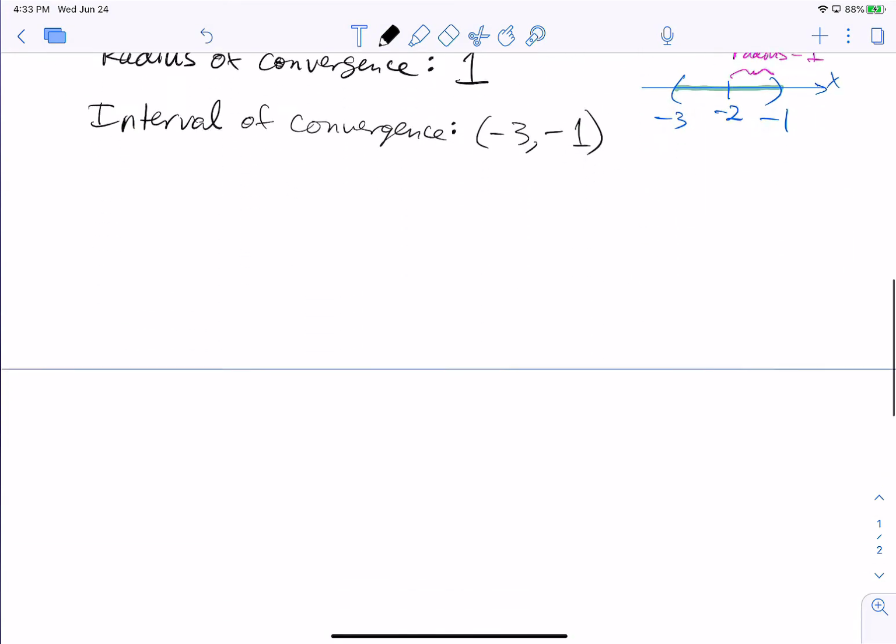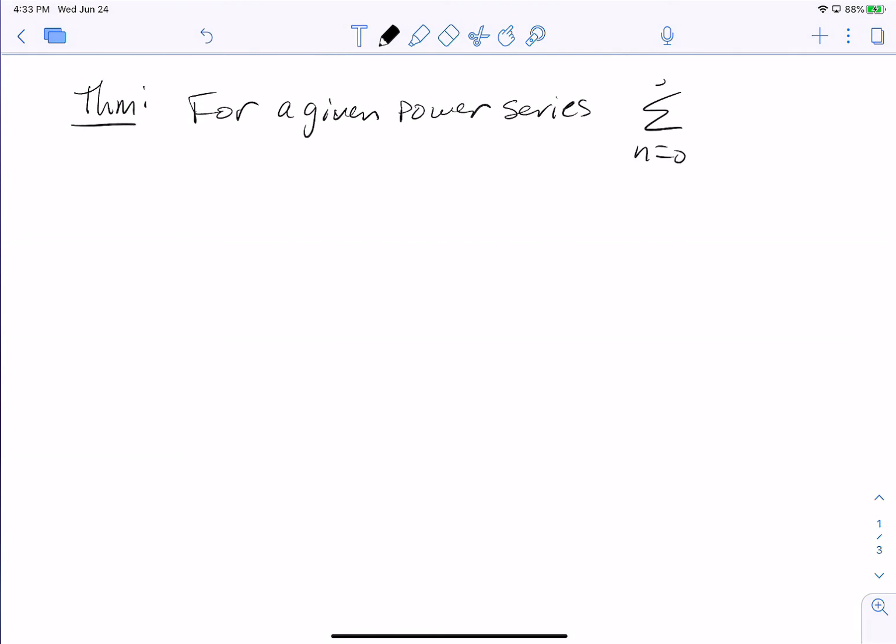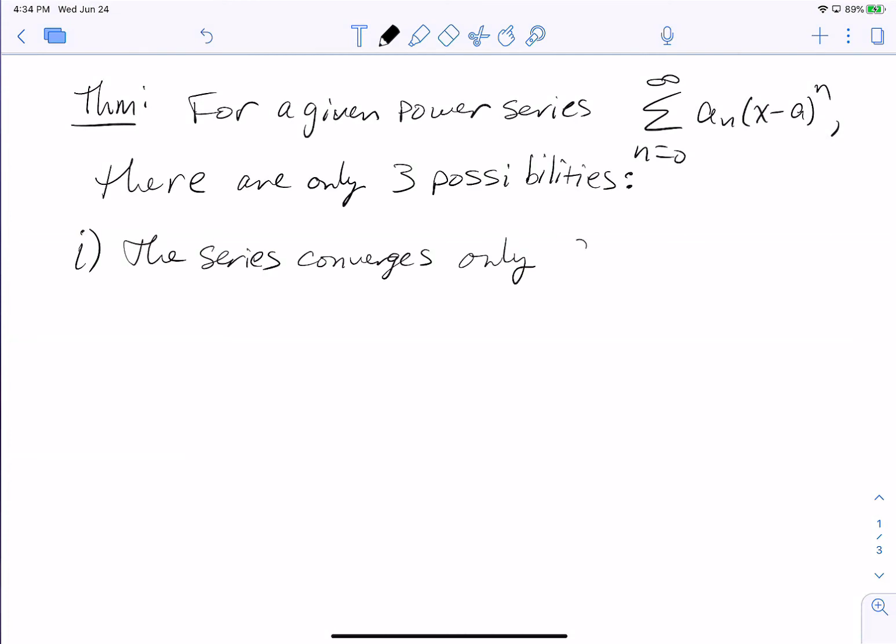We have a theorem about convergence that seems intuitively clear, but we aren't going to prove. The theorem says, for a given power series, say the sum as n goes from 0 to infinity of a sub n times (x minus a) to the n, there are only 3 possibilities. One is that the series converges only for one value, x equal to a. That would mean the base is 0, so you clearly have convergence.